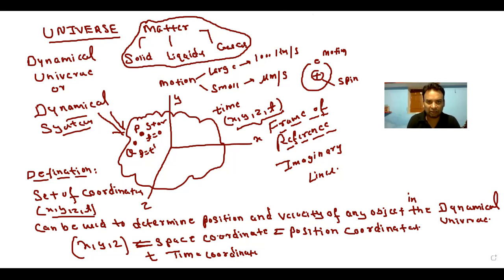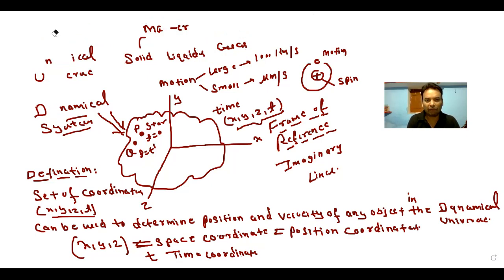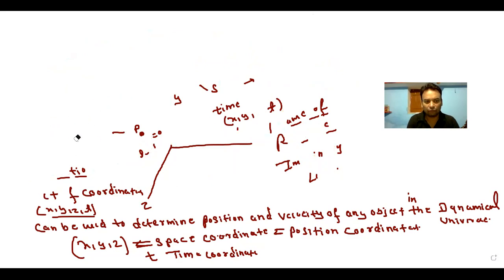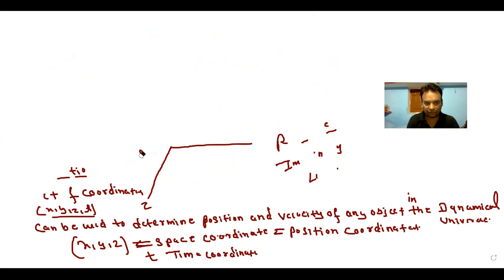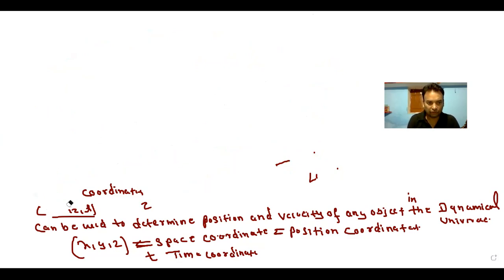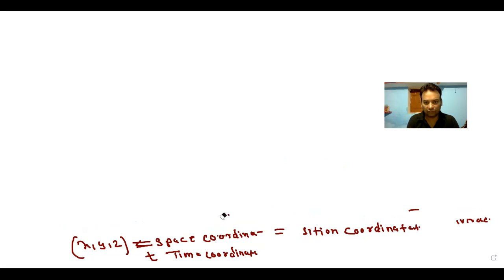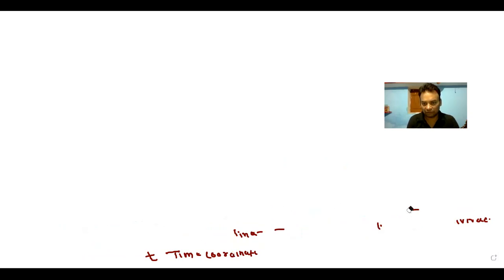Now the second part is types of frame of reference. We have two types of frame of reference. The first is called the inertial frame of reference and the second is called the non-inertial frame of reference. Inertial frames of reference are those frames of reference which follow Newton's first law. So if any frame of reference follows Newton's first law, that is called an inertial frame.